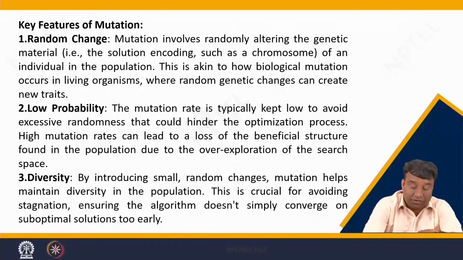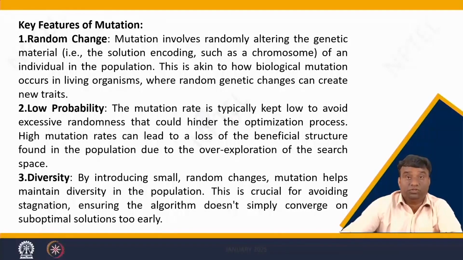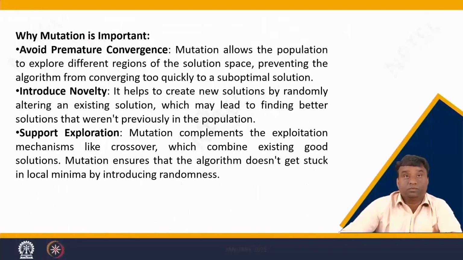Diversity. By introducing small random changes, mutation helps maintain diversity in the population. This is crucial for avoiding stagnation, ensuring the algorithm does not converge to suboptimal solutions too early.